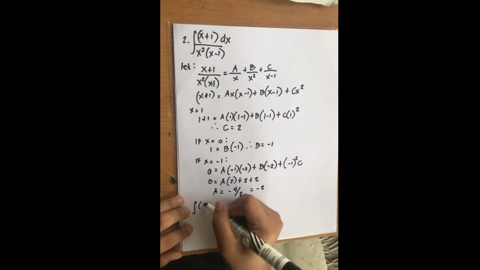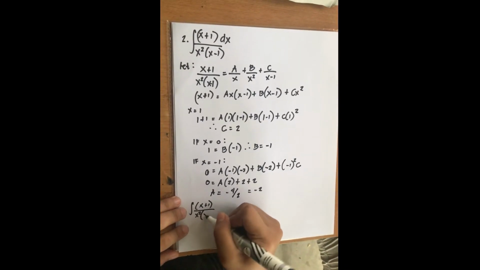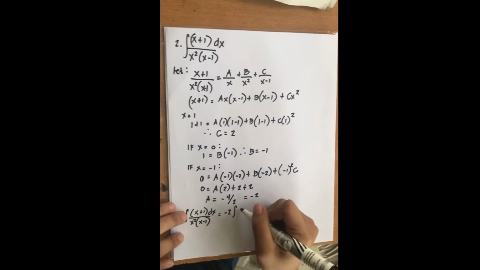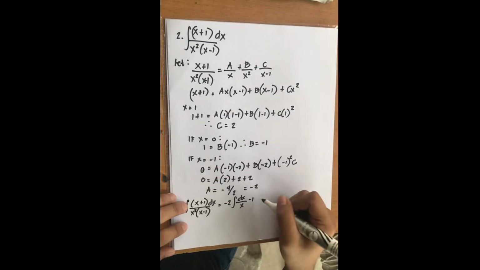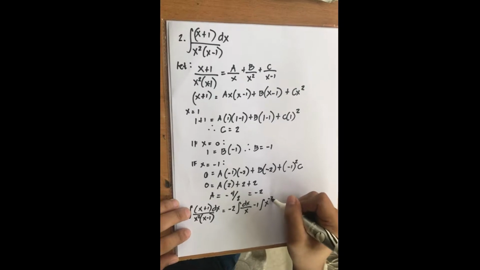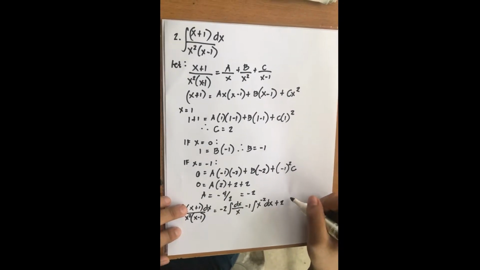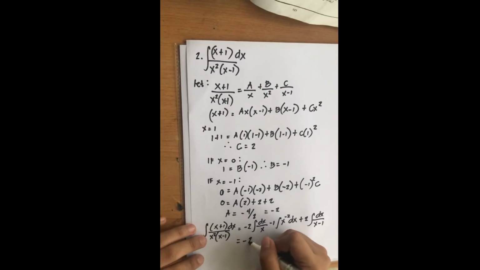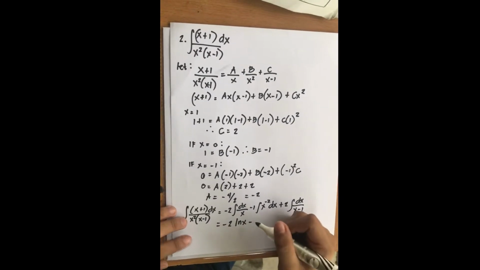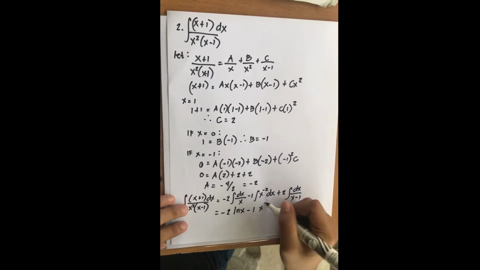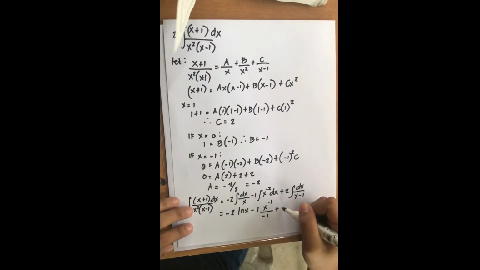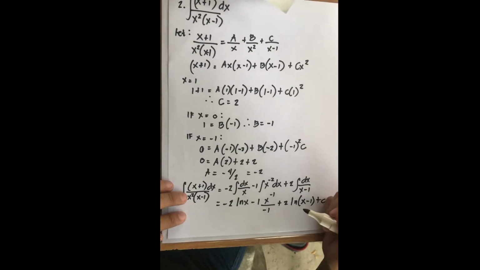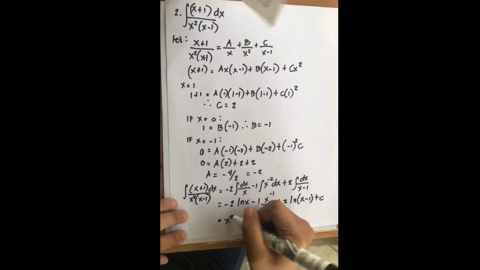Integral of (x plus 1) dx over x squared times (x minus 1) is equal to negative 2 integral dx over x, plus integral of x to the negative 2 dx, plus 2 integral dx over x minus 1, which is equal to negative 2 ln x, minus x to the negative 1, plus 2 ln (x minus 1).